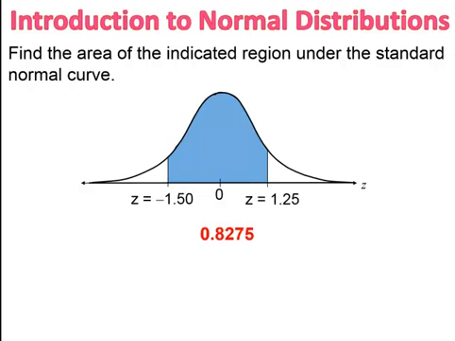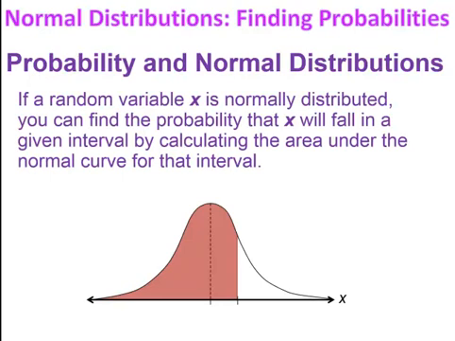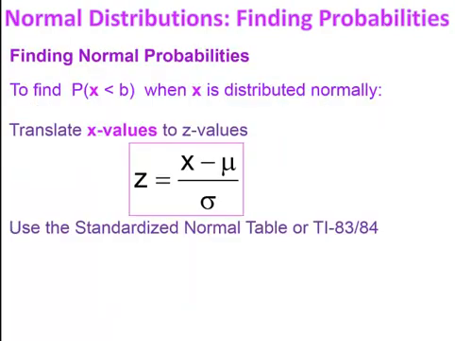So now when we're working with normal distribution and we want to find probability, if a random variable x is normally distributed, you can find the probability that x will fall in a given interval by calculating the area under the normal curve for that interval. So how do we do this?